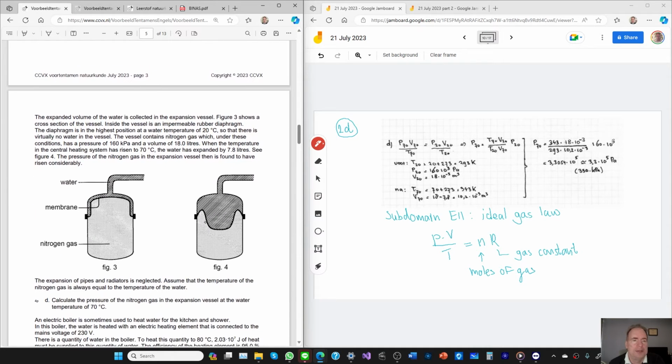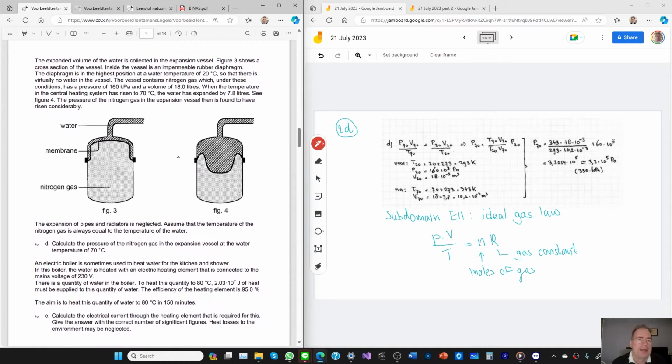Okay, so now we go to D. In these households you have this expansion vessel, which is filled with nitrogen gas and has some membranes so that it's separated from the water. The purpose of this vessel is to allow the water to expand without causing damage.